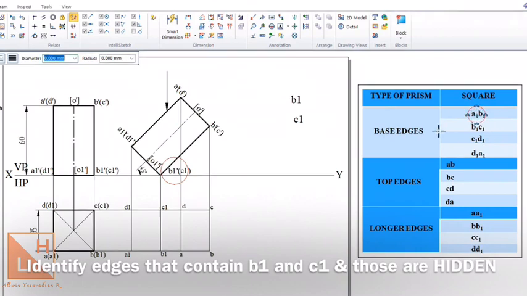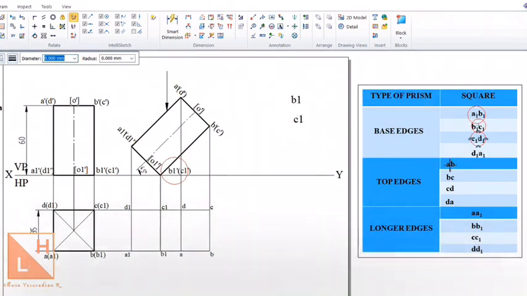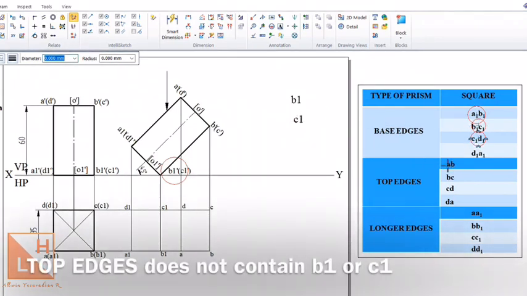So the first edge is A1B1. Here exists B1, so this is going to be a hidden edge. And then B1C1. This contains B1 and C1. This is also a hidden edge. Next C1D1, this is also containing the point C1, so that is also a hidden edge. When you go to the next one, D1A1, this does not contain either of the points, so this is not a hidden edge.